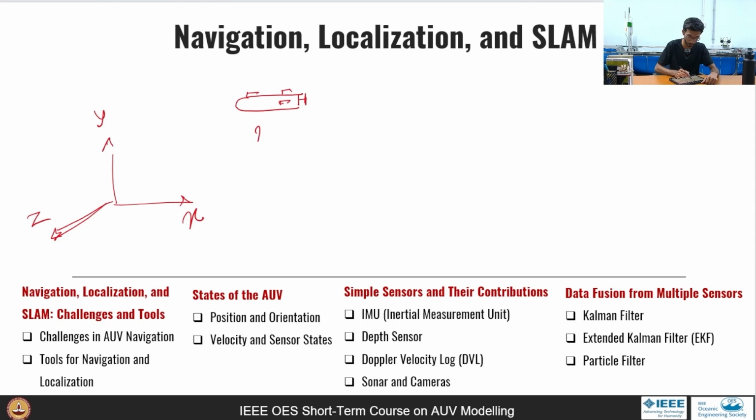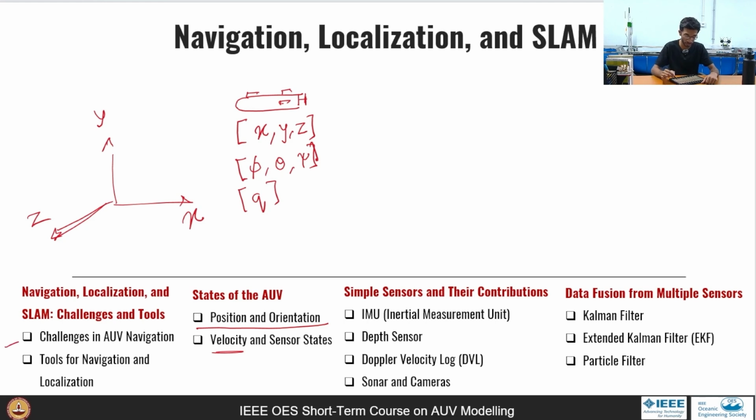It needs to know its x, y, z position coordinates as well as its orientation, which can either be expressed in the form of phi, theta, psi, which are the Euler angles, or it can even be expressed in terms of quaternions. These are the key states that an AUV needs to estimate to know its present state. In case of implementations of control systems, having velocity information is also very essential.